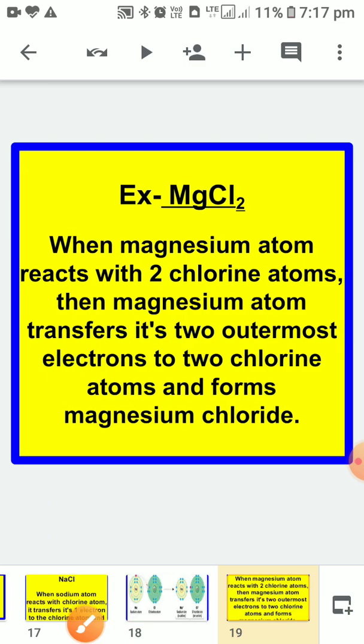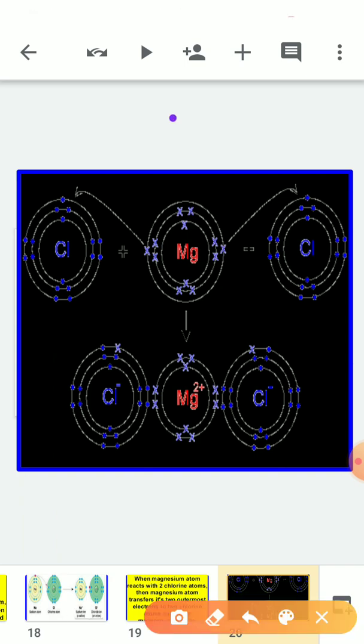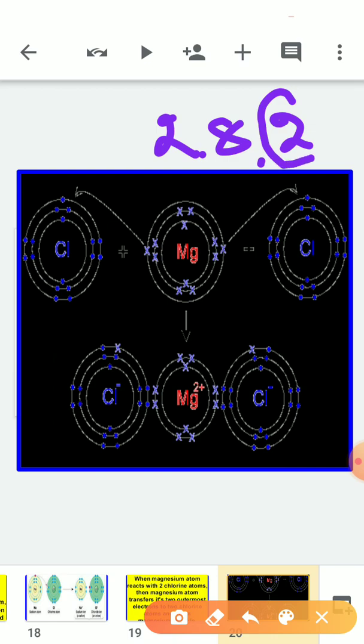Now one more example is there, that is magnesium chloride or MgCl2. Children, magnesium atom reacts with 2 chlorine atoms. Then magnesium atom transfers its 2 outermost electrons to 2 chlorine atoms and forms magnesium chloride. You can see here, magnesium is having electronic configuration 2, 8 and 2. So how many electrons is it having in its outer shell? 2 electrons.